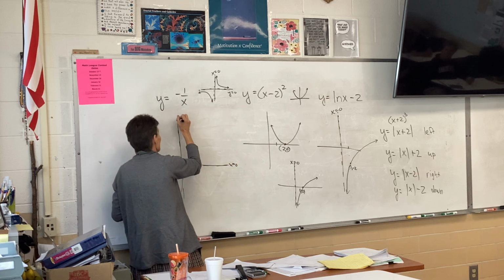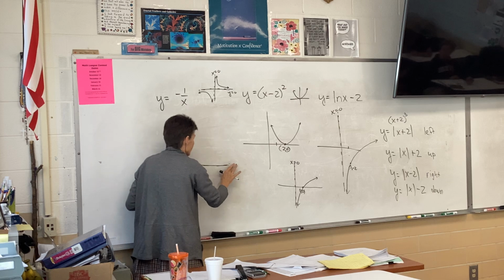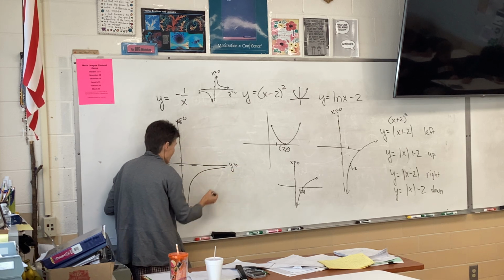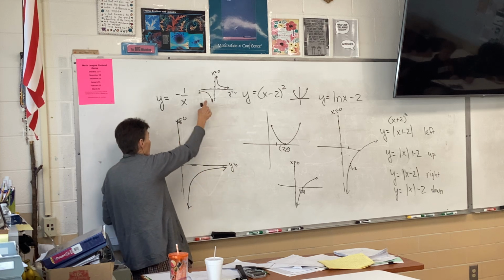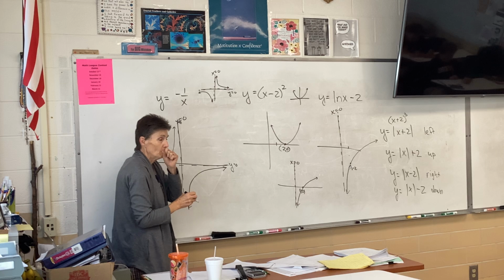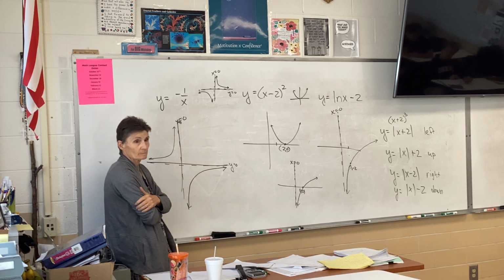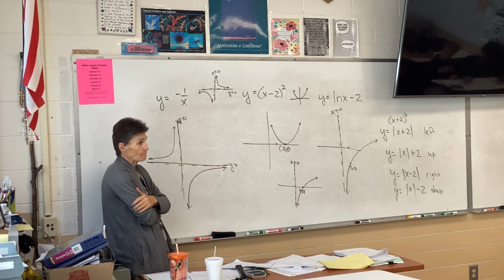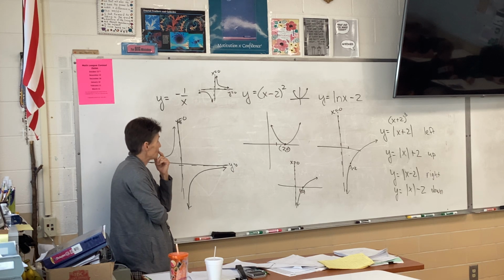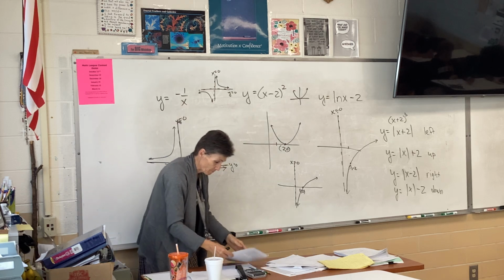The asymptotes aren't changing, but the curve now will be down here. And then that one will be up here. Is that okay with everyone? Sure. I love it. Thank you.